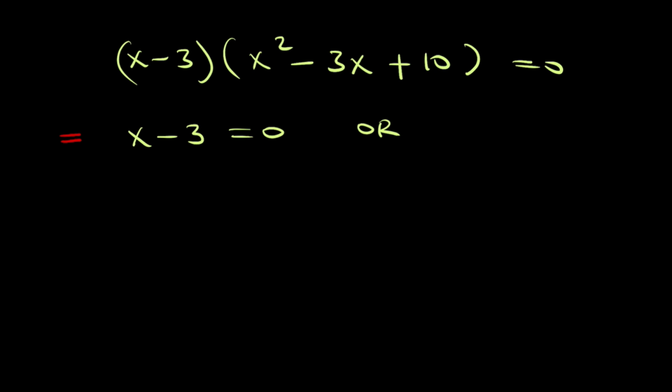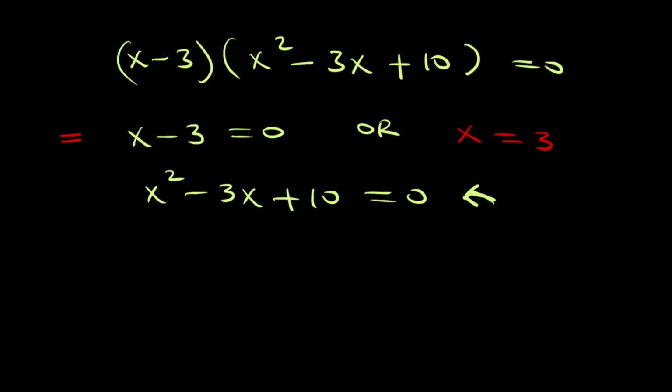And the second solution would be from this quadratic equation, x squared minus 3x plus 10 equals to 0. And because this is a quadratic equation, we will observe two solutions from here. But from the very first one, x is equal to 3. That's the very first solution.